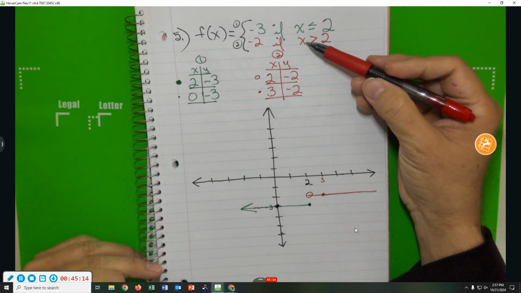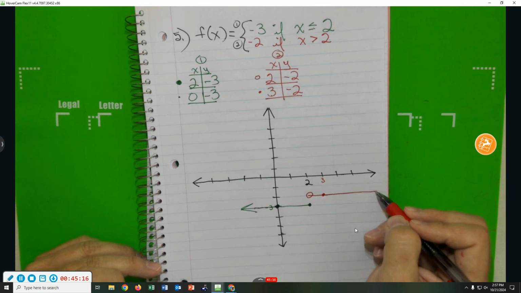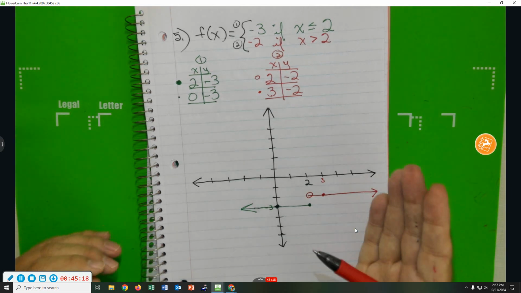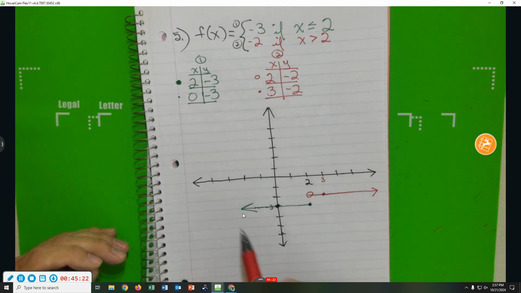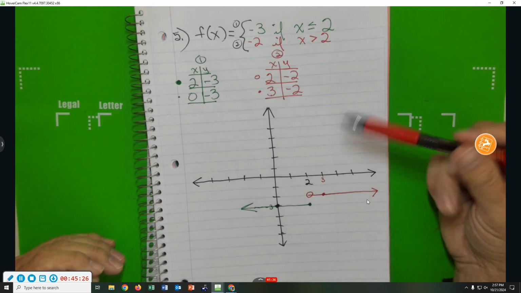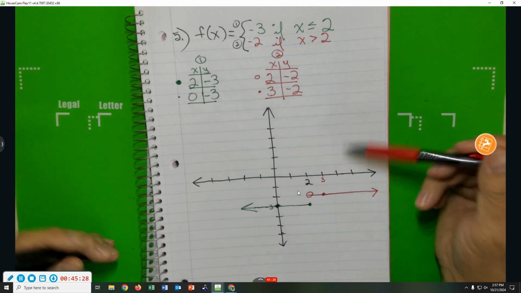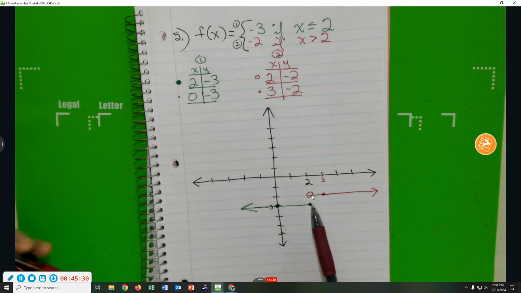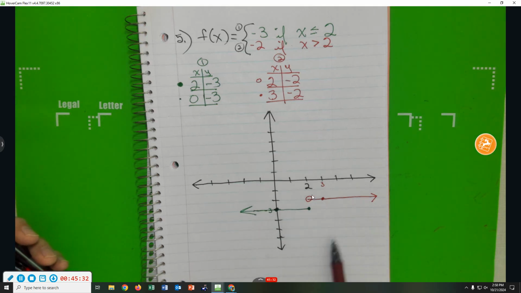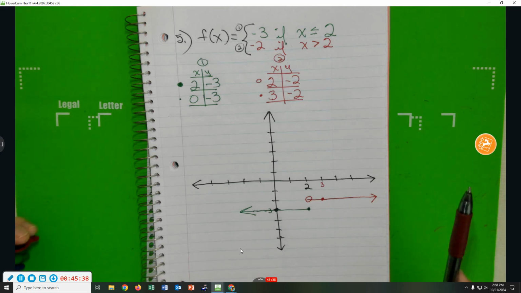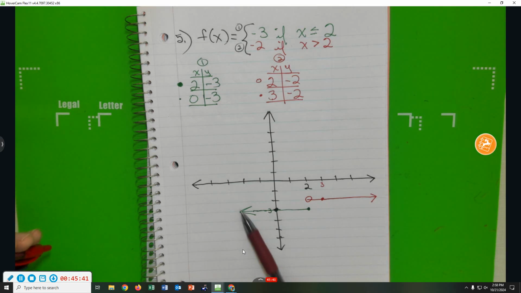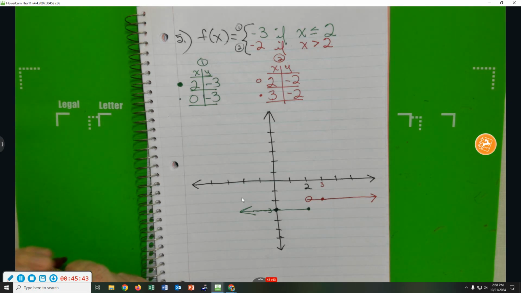The interval x greater than 2 keeps going to the right. So the rightmost portion of the graph has an arrowhead. The leftmost portion of the graph has an arrowhead. You cannot have arrowheads in the middle. If you had arrowheads going on and on here, that graph wouldn't pass the vertical line test. In order to be a function, there can only be at most 2 arrowheads, one on the right, one on the left. Any questions there?